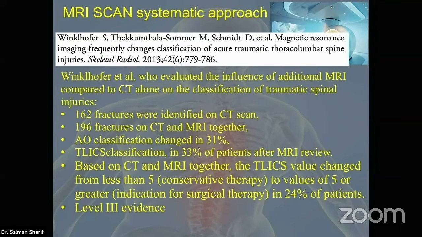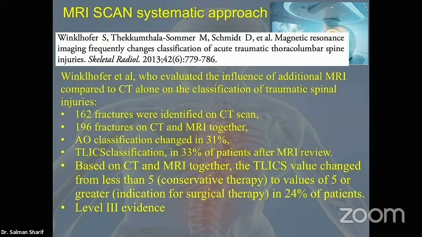This is a paper evaluating the influence of additional MRI compared to CT scan alone on the classification of traumatic spine injuries. The authors investigated a cohort of patients and found 162 fractures based on CT scan only, and in the same cohort they found 196 fractures on CT and MRI together.